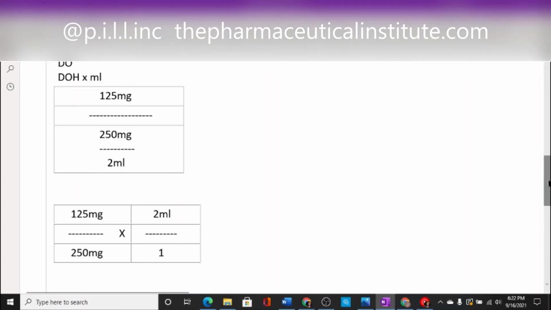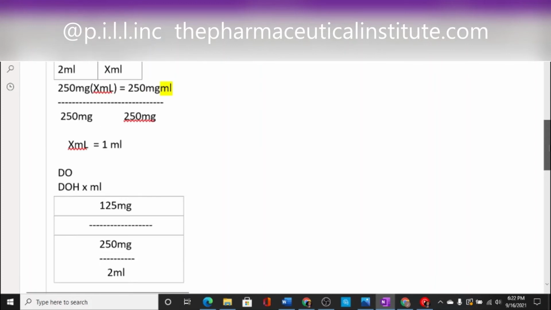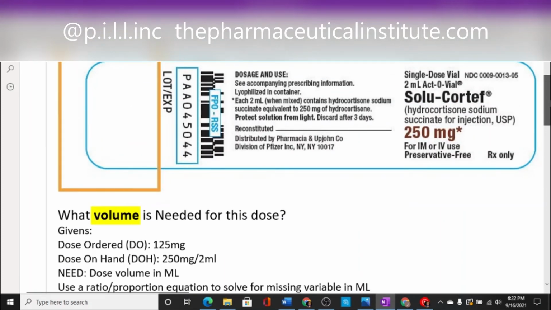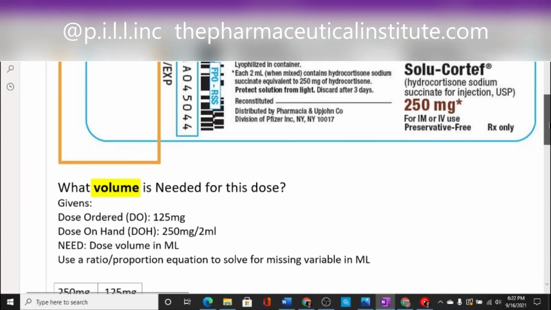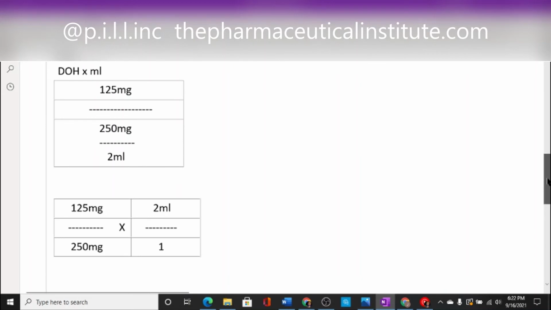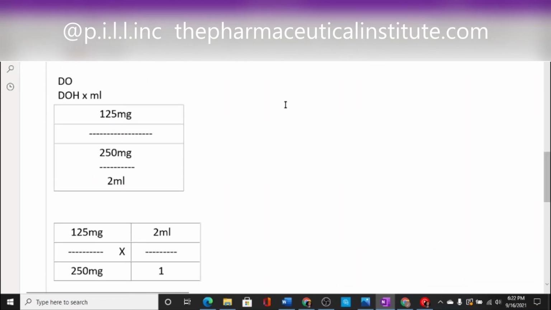That dose on hand concentration must be in 1 milliliter. It's not listed on the vial here. You'll notice some stock labels have a stock concentration dose and a single concentration dose in 1 milliliter. This formula only works if we have that 1 milliliter concentration, but we don't have that here.